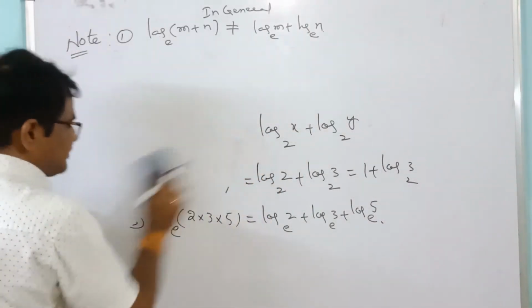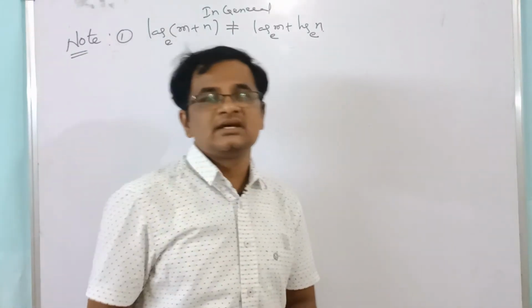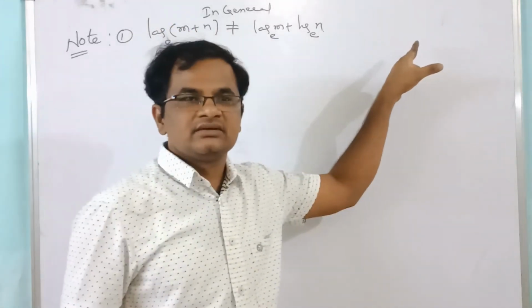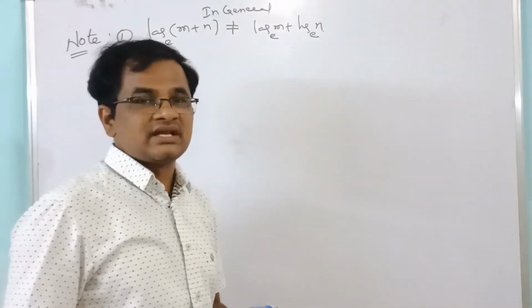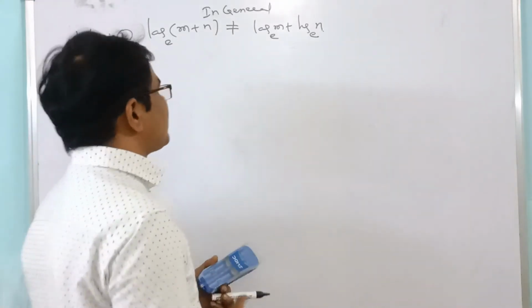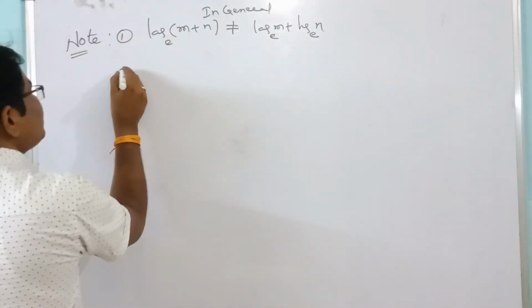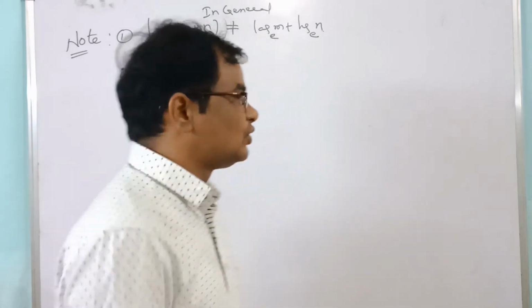Log of m plus n, you can't write log m plus log n, but here into is there means you can write. Okay, now our property is what? Here into, but here plus is there. Except this type of problems. See, in general it is not equal, but for some values it exists. That's why I given as a note.